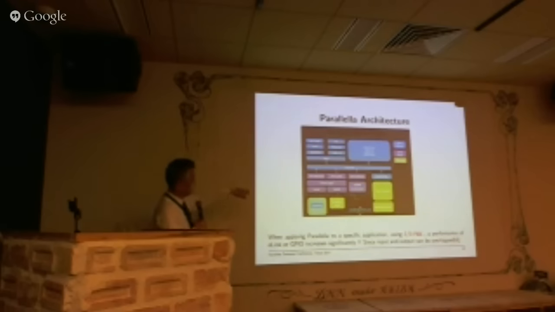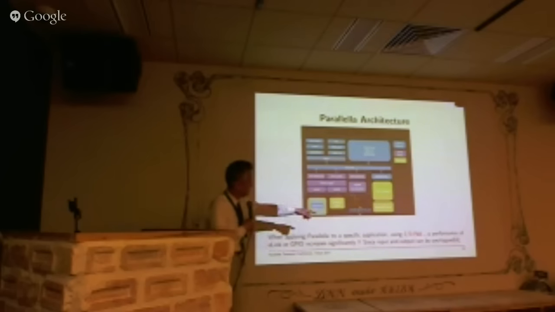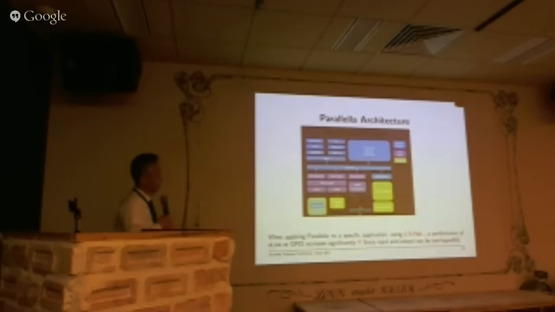You need some communications scheme. When applying Parallella to specific applications, using IO-Pi, this is a new word. IO-Pi means input and output run in parallel. This scheme is very, very useful for embedded use.